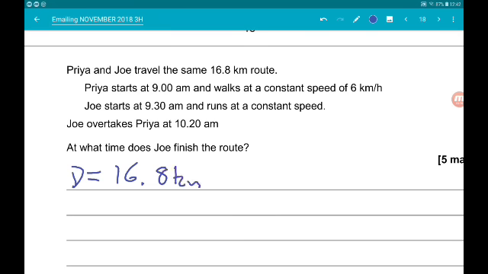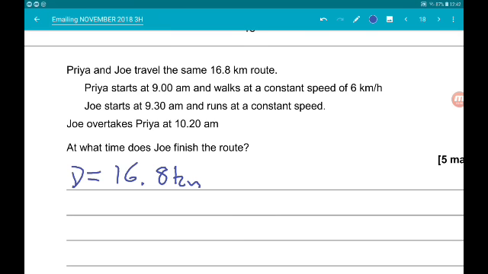Priya starts at 9 AM and walks at a constant speed of 6 kilometers per hour. Joe starts at 9:30 a.m. and runs at constant speed. He overtakes Priya at 10:20 a.m. What time does Joe finish the route?